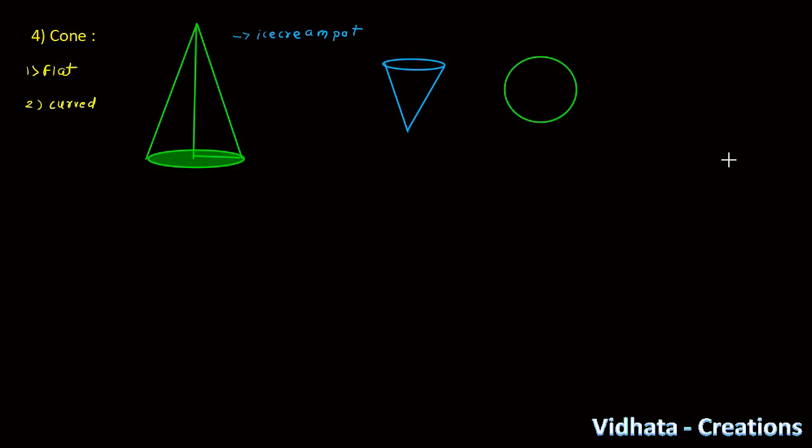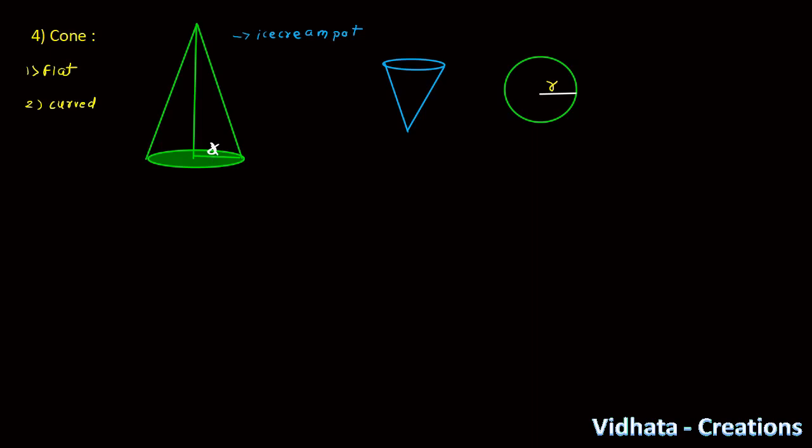Suppose I take the radius of this circle as r. This will be r. The radius of the circle will be r.